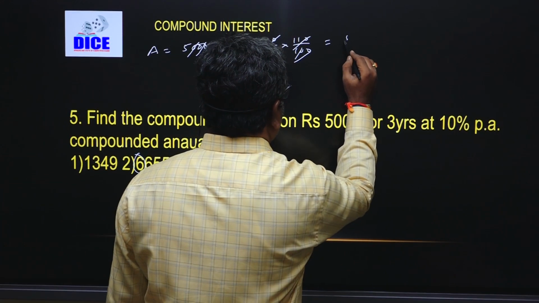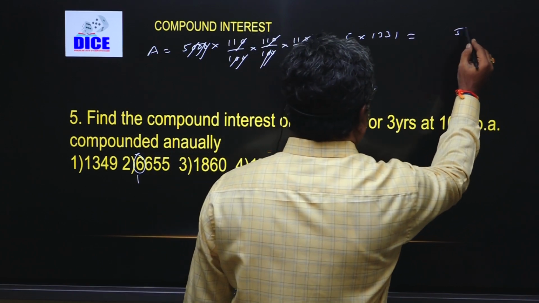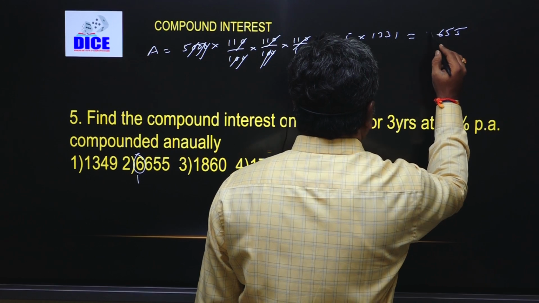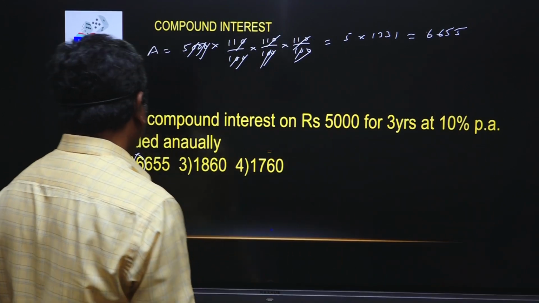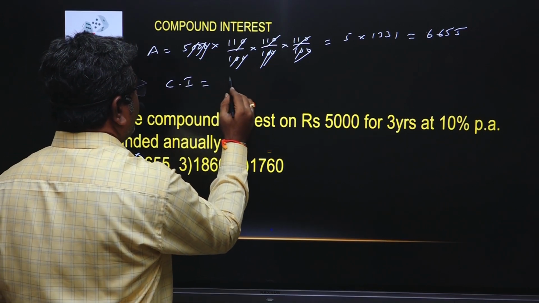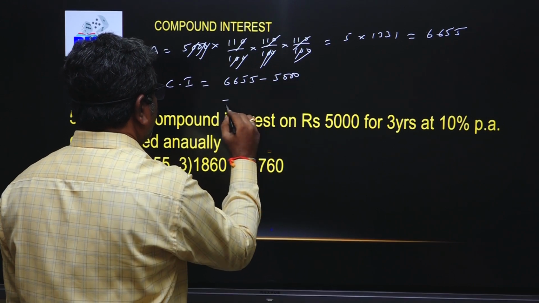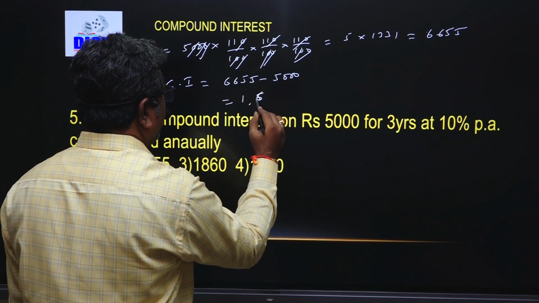So this is equal to 5 into 11 cube, which is 1331. 5 into 1, 5. 5 3s are 15. 1 is there, 15 plus 1, 16. 6655 is the required answer. Now we want to find out CI. CI is equal to 6655 minus 5,000, which is 1,655.